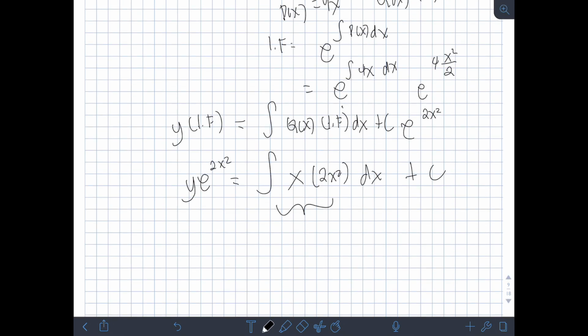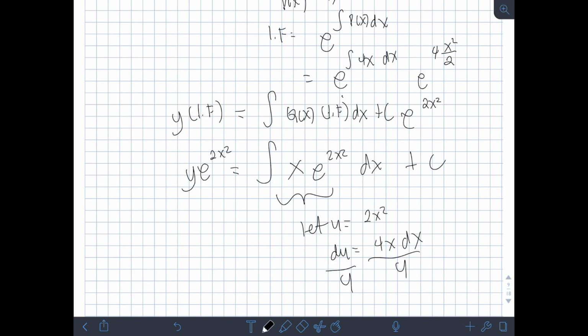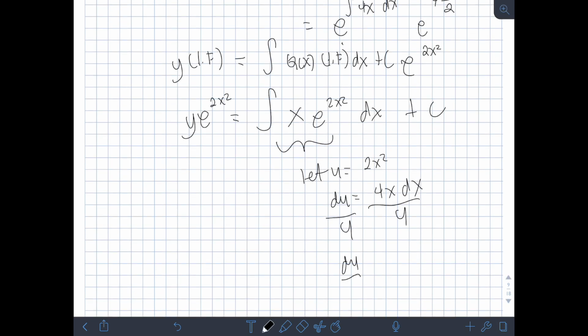So, let's just integrate this. Sorry, there's an e raised to 2x squared here. So, let u be 2x squared. So, du is equal to 4x dx. Divide both sides by 4. We have du over 4 is equal to x dx. So, this x dx is du over 4.